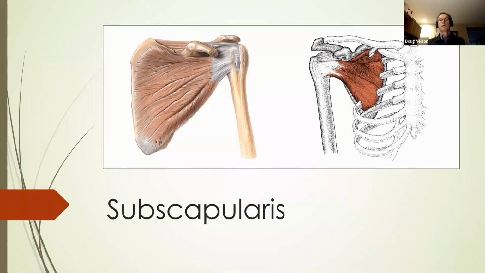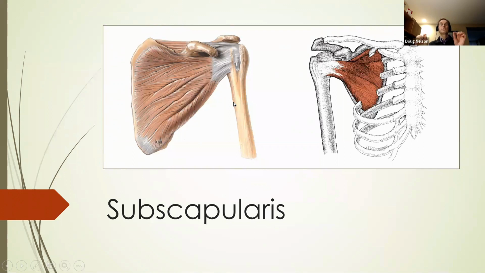So, sort of the counterbalance: if you just looked at this and you didn't see this, doesn't that look like the infraspinatus? The subscapularis is a pure internal rotator. If you take the infraspinatus and you add the teres minor to it, size-wise that's roughly akin to what the subscap is.